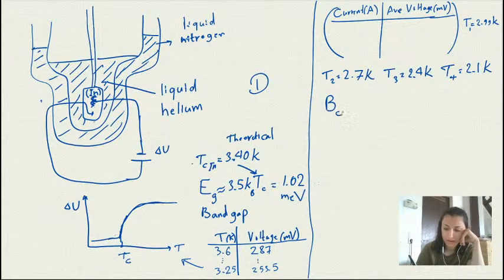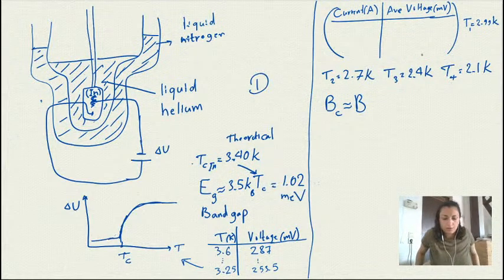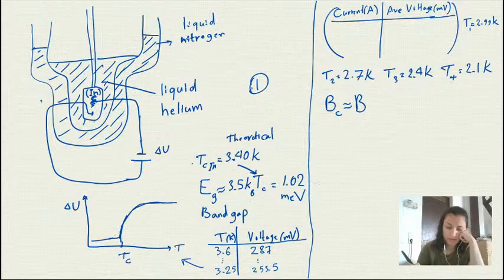So this is a critical magnetic field. In the first task our magnetic field was 0, but we turned on the magnetic field for this one by having the current. I guess so.